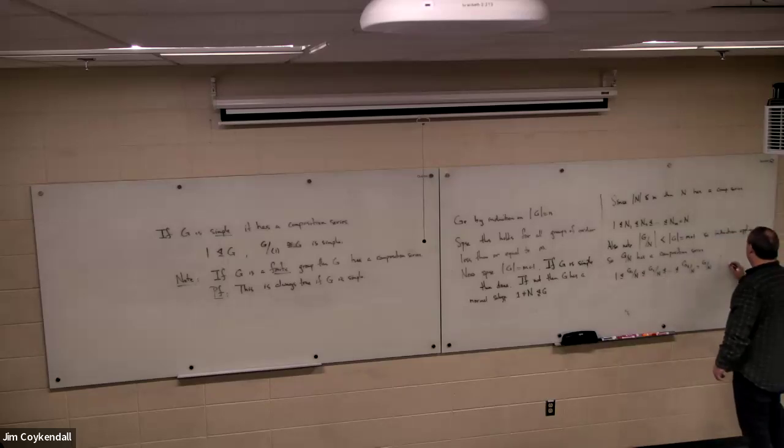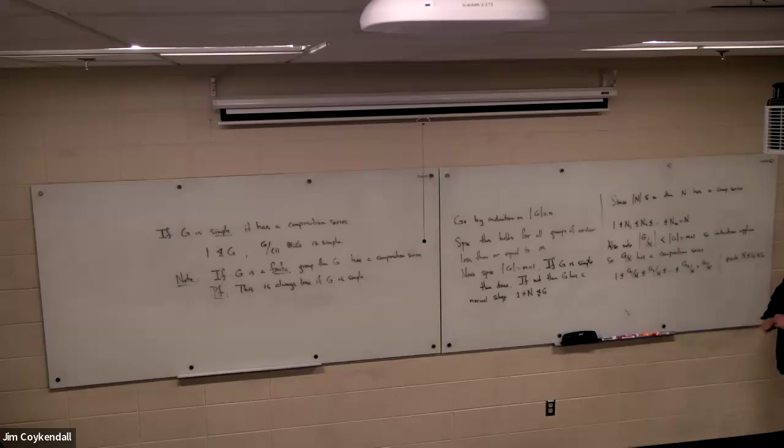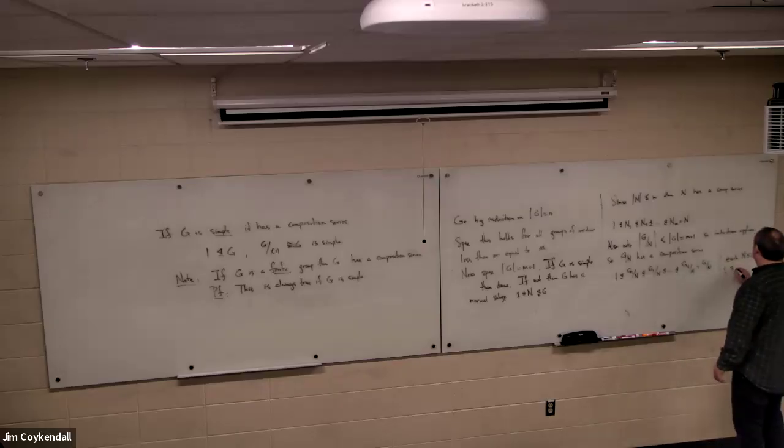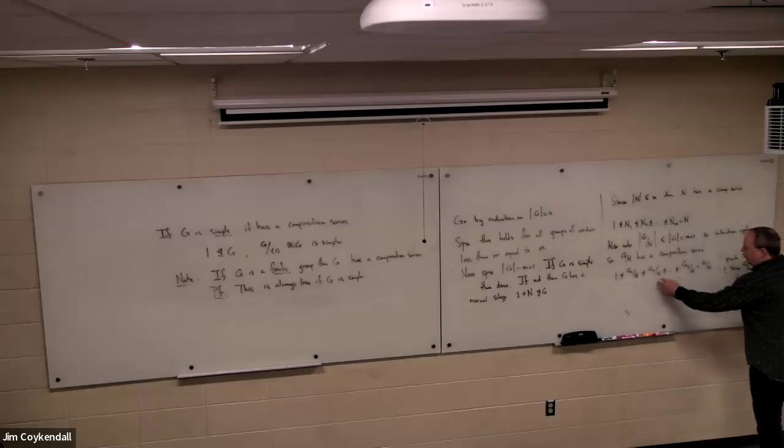So each Gi is between N and G. And in fact, since Gi mod N is normal in Gi plus 1 mod N, this means that Gi is normal in Gi plus 1, because these are successively normal.